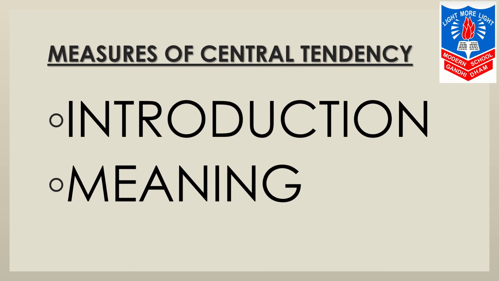The choice of the average depends upon the type of data, the purpose of the average value, and its further application. All this theory part, especially the last two lines, is what we will be studying in our chapter, students. I hope I am clear with you with this theory part, students.